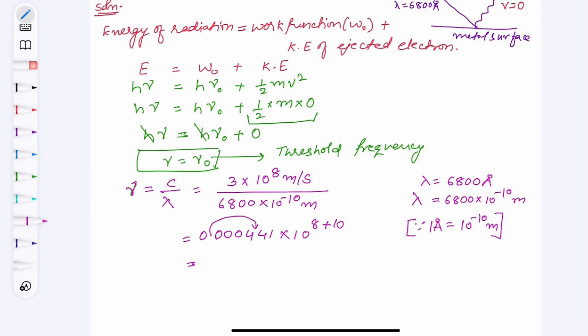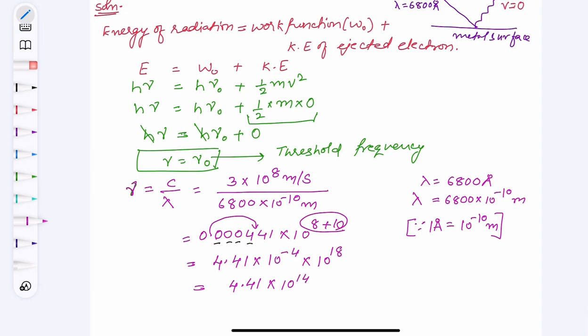If you see, we move 1, 2, 3 and 4 digits. So we can write this as 4.41 into 10 to the power of minus 4, into 10 to the power of 8 plus 10, that is 18. Okay, so finally you will have 4.41 into 10 to the power of 14.